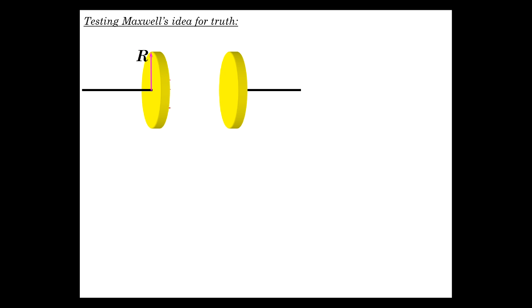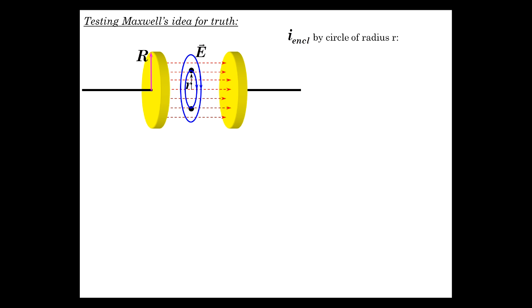So here we have the geometry again. Here's the electric field, and here's a region within this total electric field area compared to the entire area. The outer circle encompasses all of it. So for I enclosed by a circle of radius r, the displacement current density times the area is the displacement current, modified by the ratio of the areas to get how much is enclosed by the region of radius r.